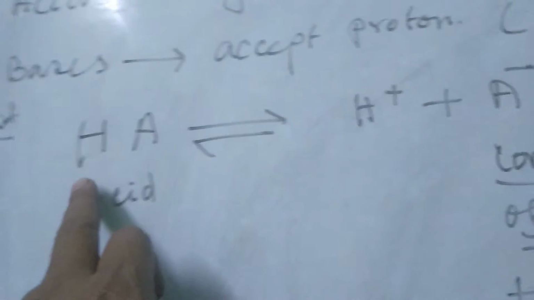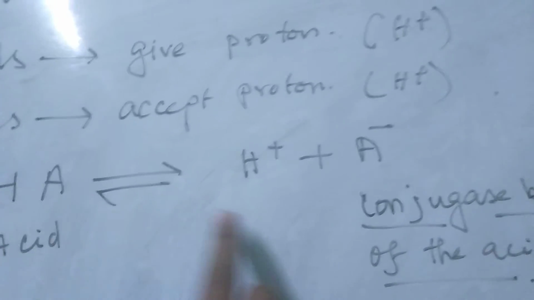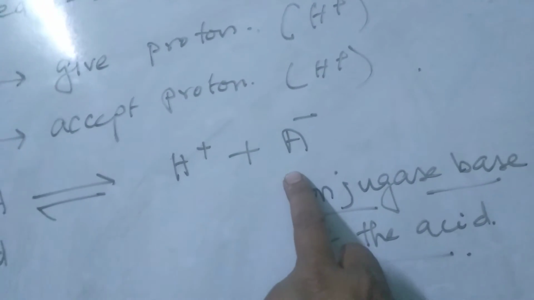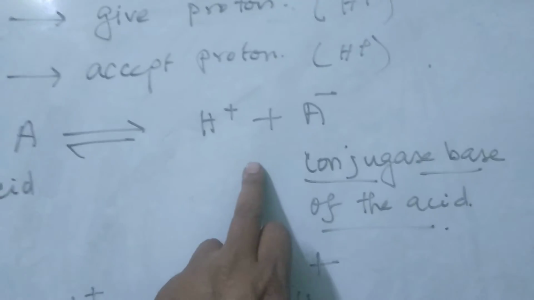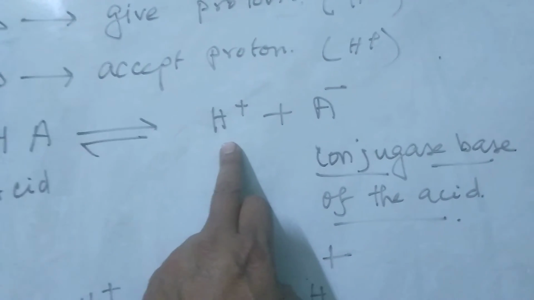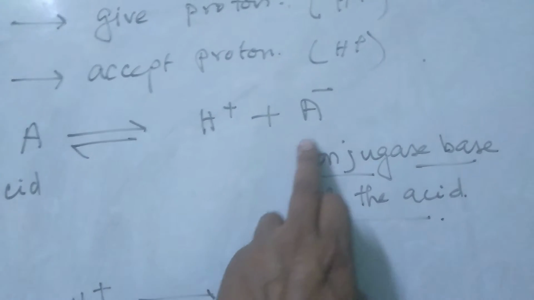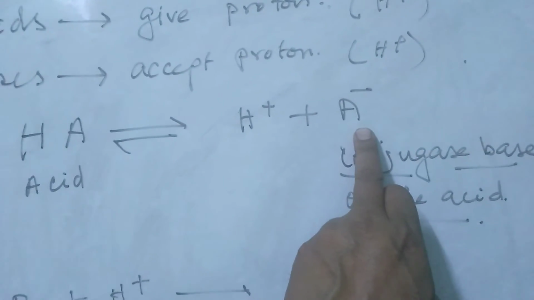Now I give the example of HA, an acid. When it dissociates, it gives one proton and one anion in the forward reaction. But in the backward reaction, the A minus ion accepts one proton and forms HA. In the backward reaction, the A minus ion acts like a base.